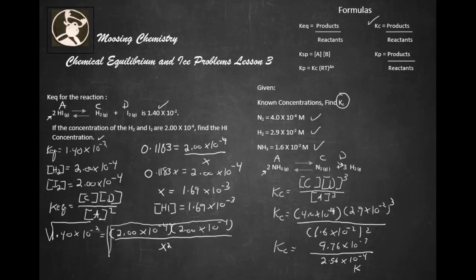And my Kc value is going to be 3.81 times 10 to the negative 3.